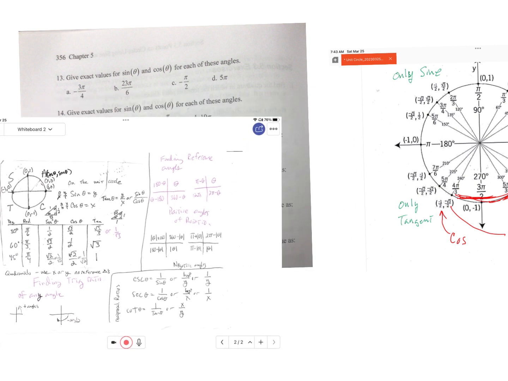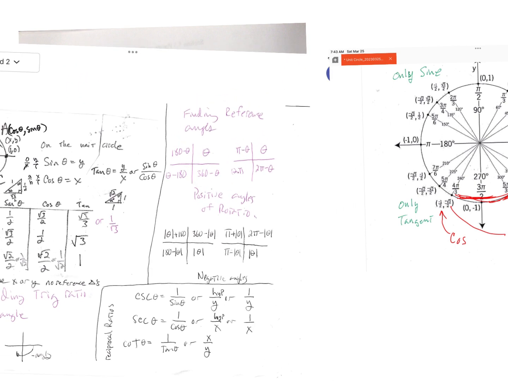Maybe what I will show you is if you have to find reference angles. Remember, if it's a positive angle, you start on the positive x-axis and go clockwise or counterclockwise around the circle. If the angle is in quadrant 1, between 0 and 90 or between 0 and pi over 2, the angle they give you is the reference angle.